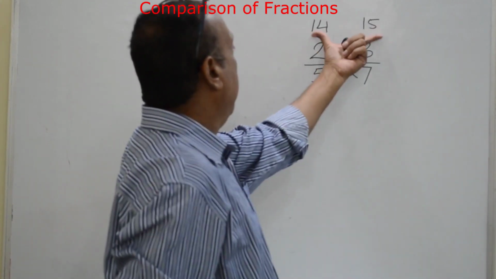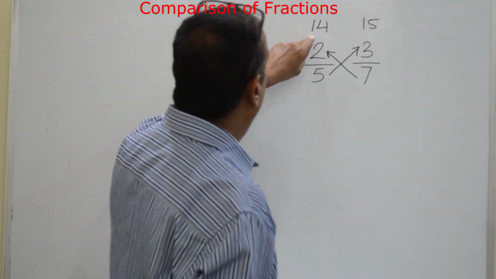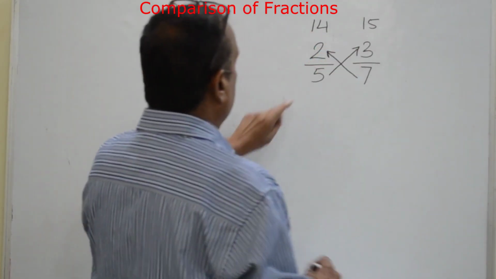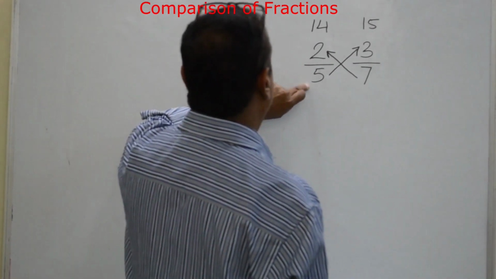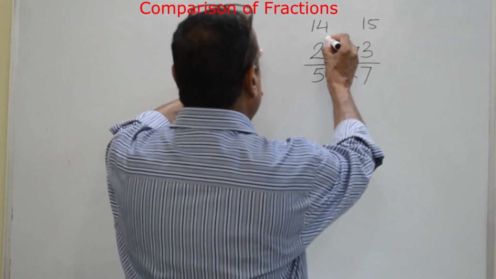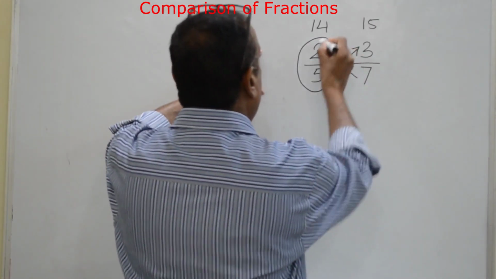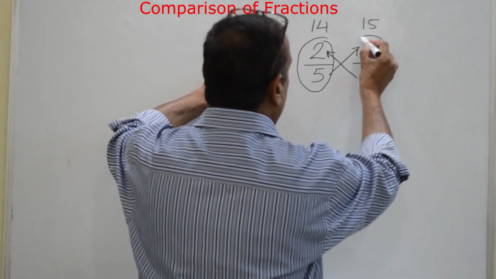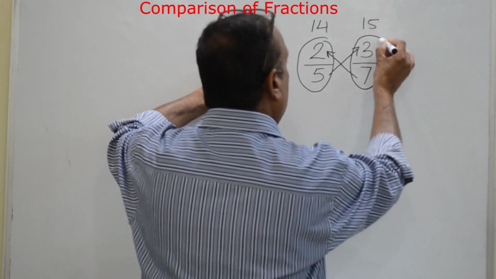Now compare these numbers. Here 14 is smaller than 15. The fraction having the smaller number will be smaller, and the fraction having the bigger number will be bigger.